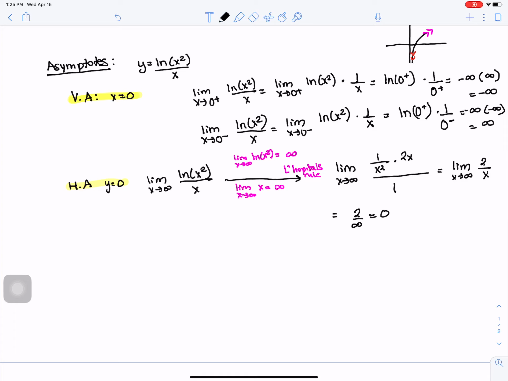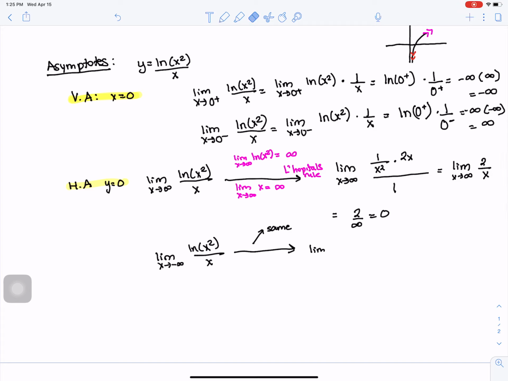When I do the limit as x approaches minus infinity of ln x squared over x, the same thing is going to happen. I'm going to apply L'Hopital's rule, the same as above. I get infinity over infinity, and it doesn't matter if one of these is minus infinity and one of them is plus.